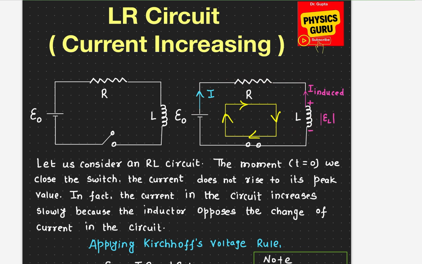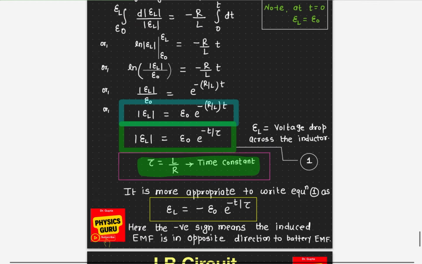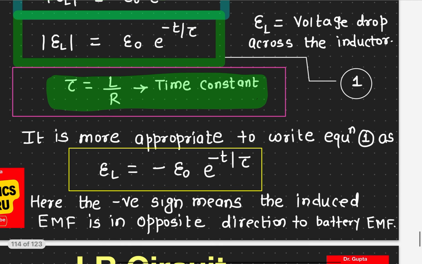You have to go from one terminal to the other in this way. That is the direction of the induced current, and it is always trying to oppose. If the current is increasing, it will oppose the change. Okay, so that's the equation we got here.